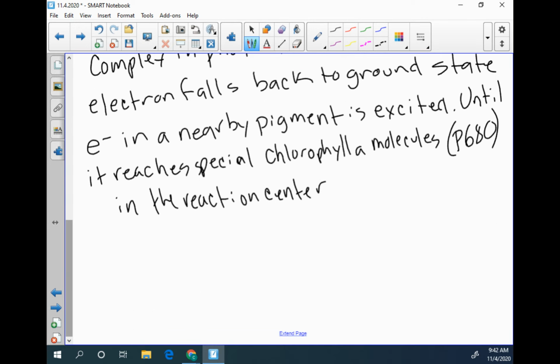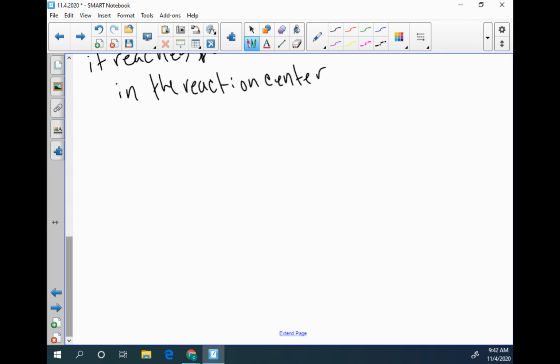Step 2. The electron in that P680 is transferred to a primary electron carrier.